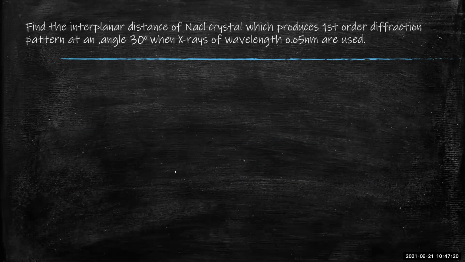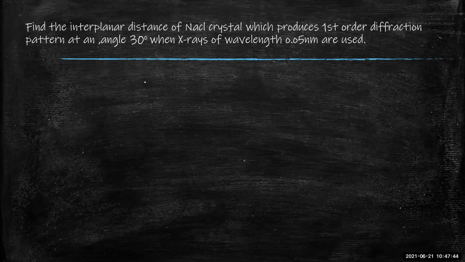The next question is connected with Bragg's law. Find the interplanar distance of sodium chloride crystal which produces first order diffraction pattern at an angle 30 degree when X-rays of wavelength 0.05 nanometer are used.